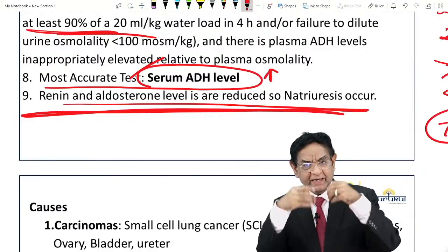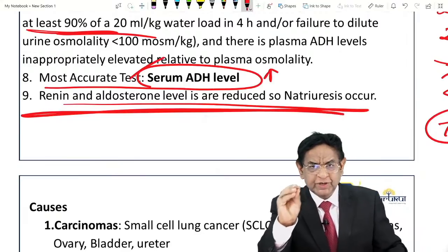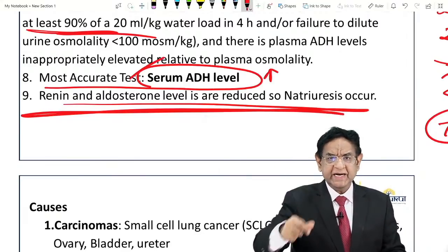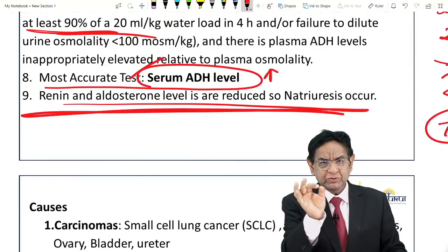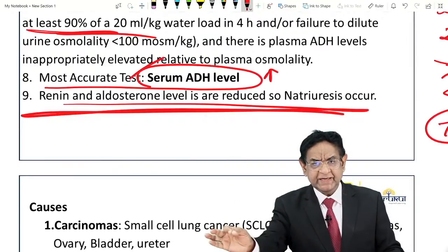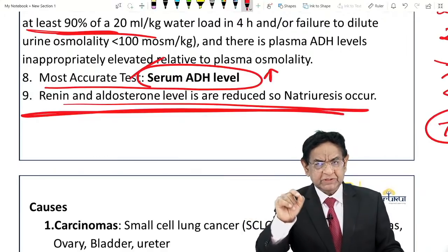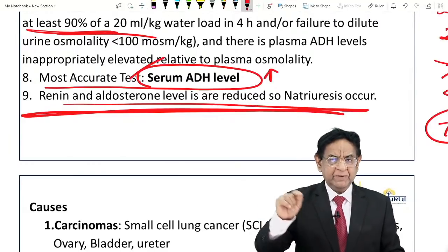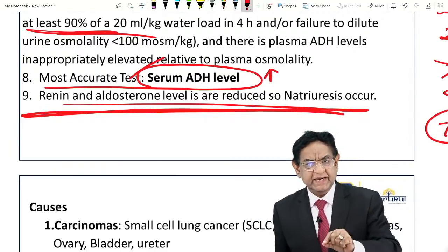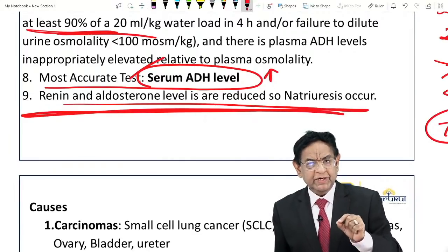So now you have to answer the question. At the same time, you keep on writing only a few words. If you know SIADH is in your tips: Number 1, what happened to serum sodium in SIADH? Reduced. Serum osmolality? Reduced. Urine sodium in SIADH? Increased. Urine osmolality?